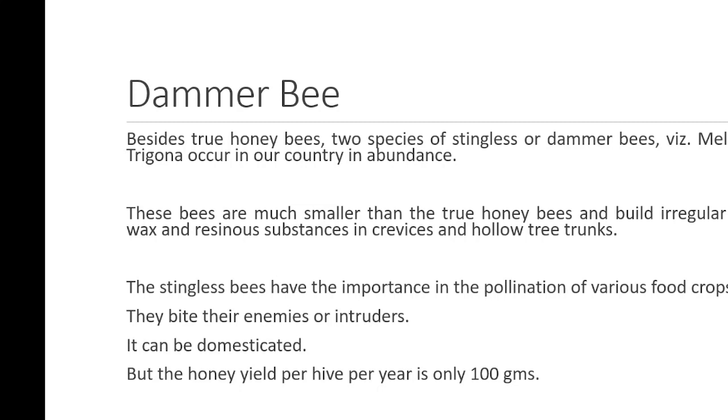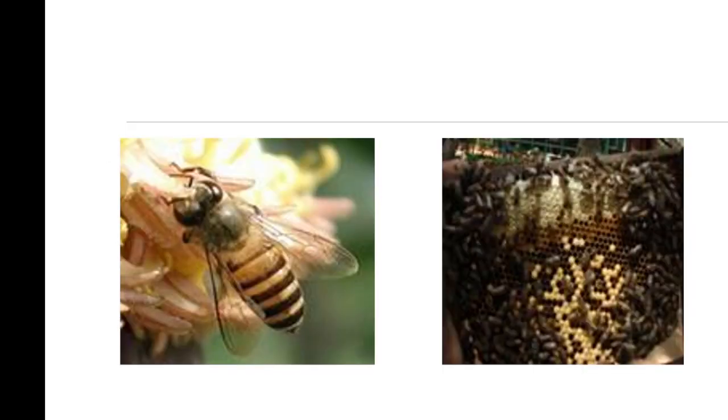They normally come under two genera. One is Melipona or Trigona, scientifically known as Trigona iridipennis. They are much smaller than the true honeybee, and their nest combs are irregular. Irregular means they are not producing any kind of proper comb, just like other honeybee species, which have a definite shape.